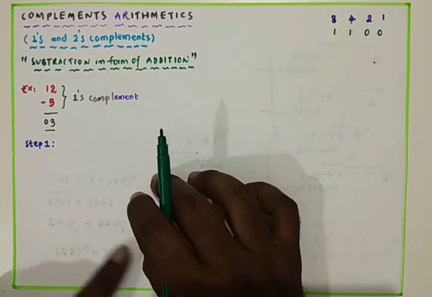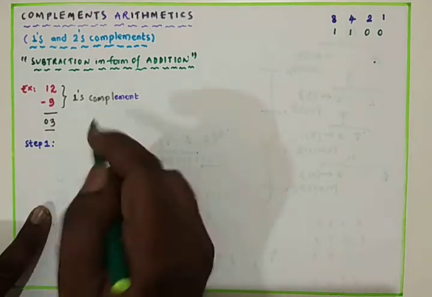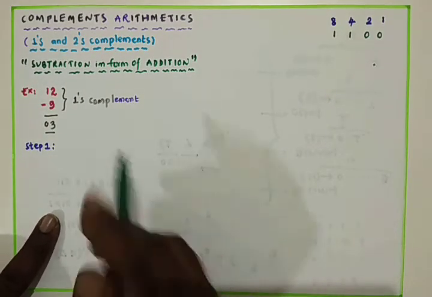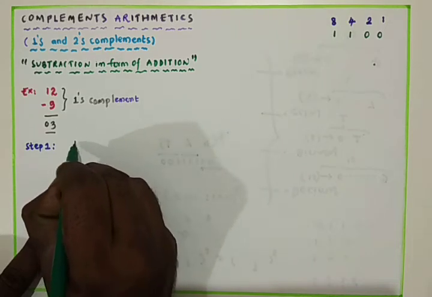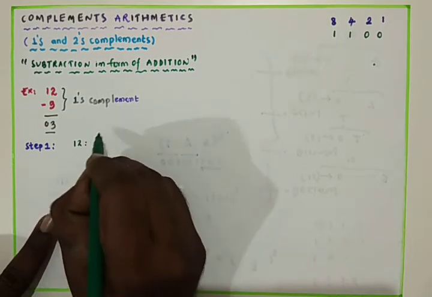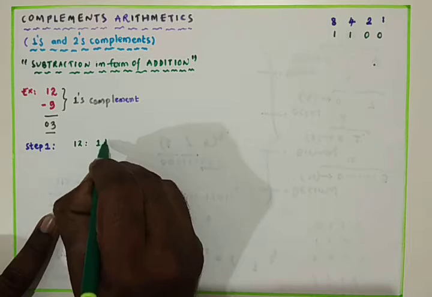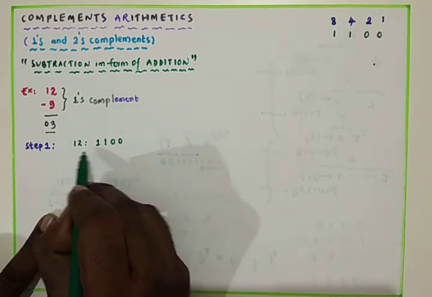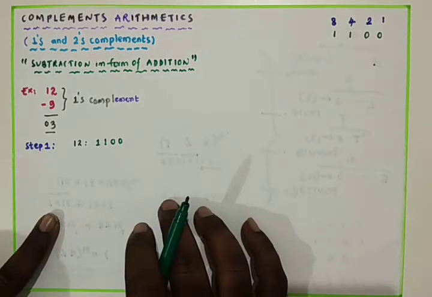So 12 can be written as, in step 1, whatever the data is there, that has to be converted into the binary form. So 12 is equal to 1 1 0 0. 12 is in decimal form, 1100 is in binary form.